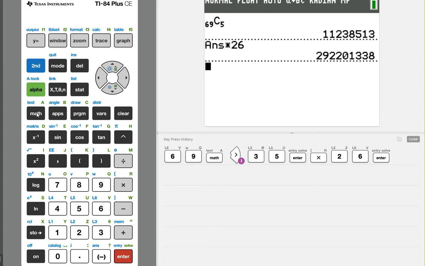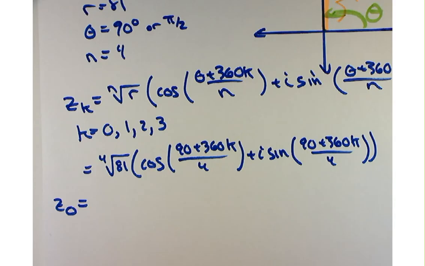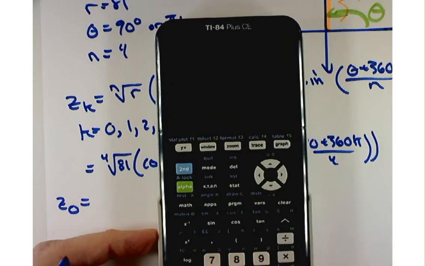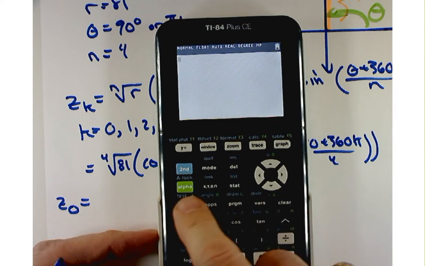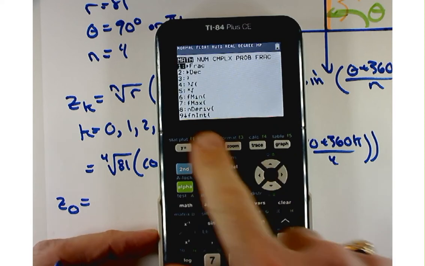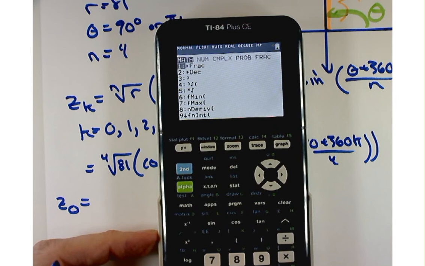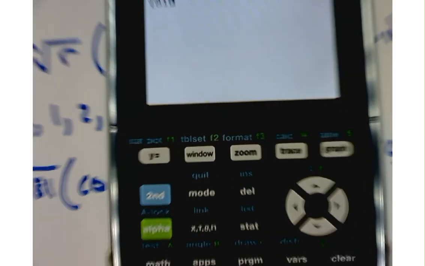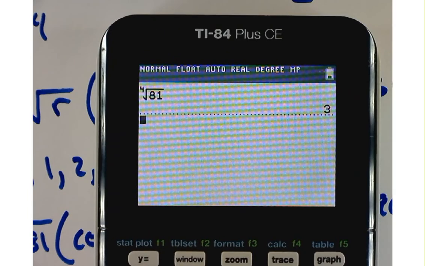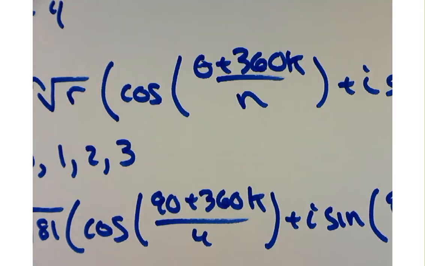I have to do it manually because SmartView seems to be stuck. But if you hit the math key and then the fifth option down, it allows you to do the fourth root of 81. And that's 3. So we'll just put a 3 out in front.